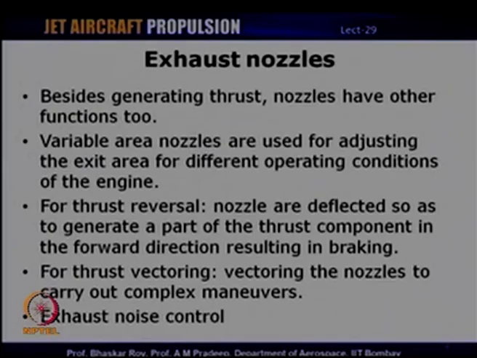As I mentioned, thrust reversal is used in braking the aircraft after it has landed. Conventional wheel brakes may not really be sufficient to bring the aircraft to a halt within the given runway length. So, thrust reversal is one way of braking the aircraft quickly, besides of course the wheel brakes.